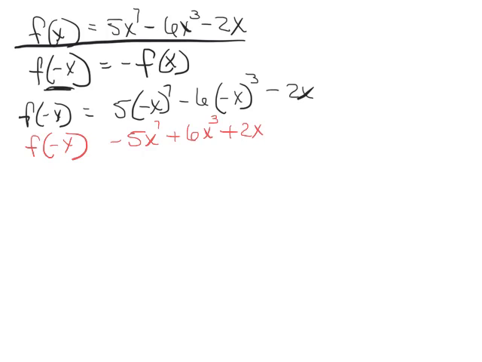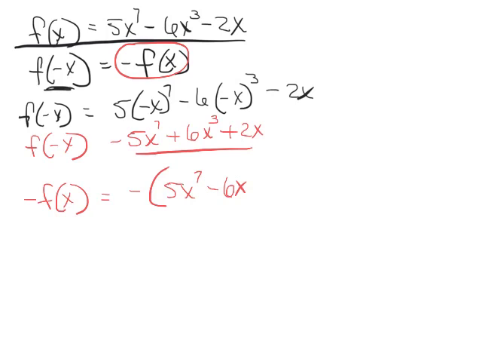So what we're going to do is compare that with negative f of x. So if f of x is the top equation on the page, negative f of x is going to be negative, and then we've got 5x to the 7th minus 6x cubed minus 2x. So we're just going to take our original equation and put a negative in front of it.